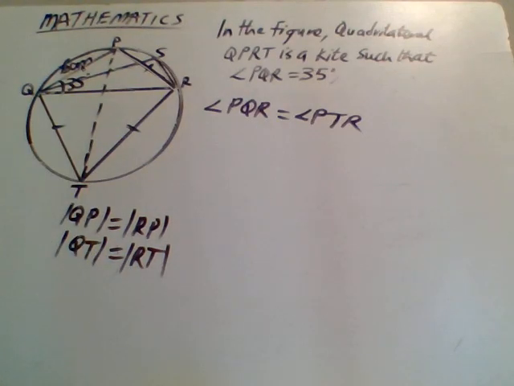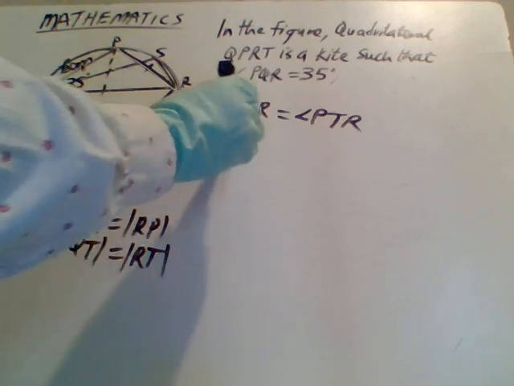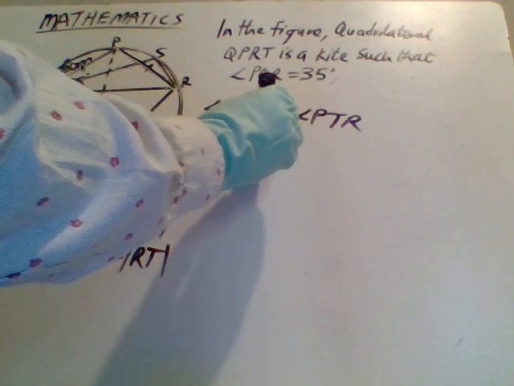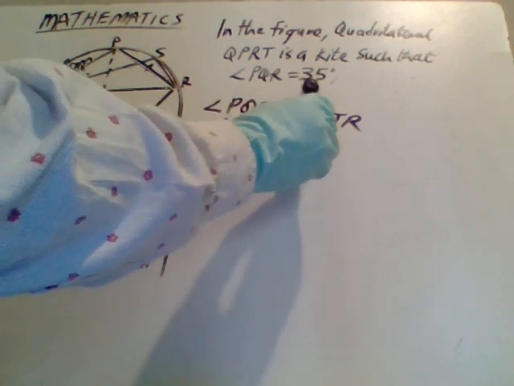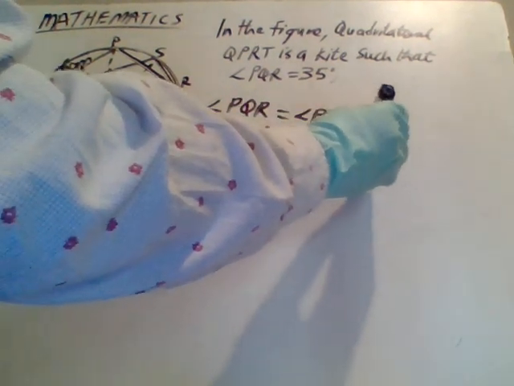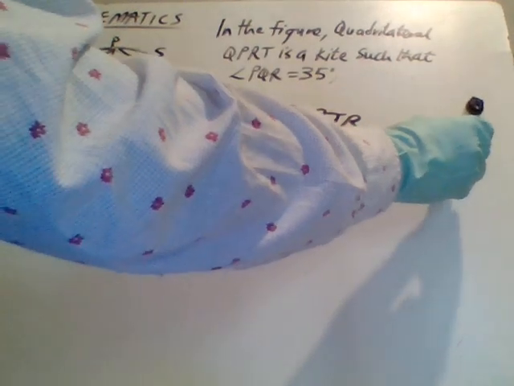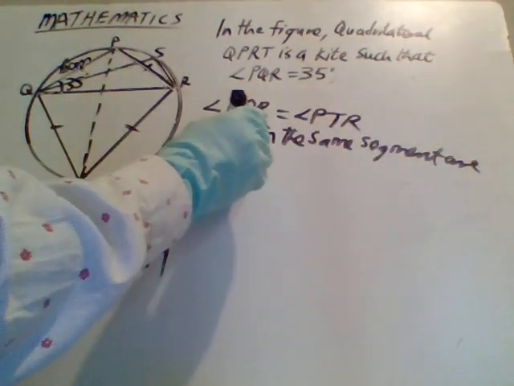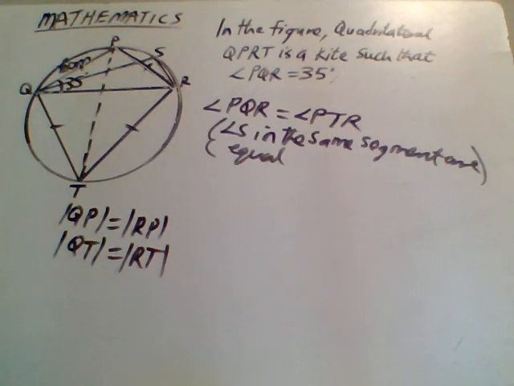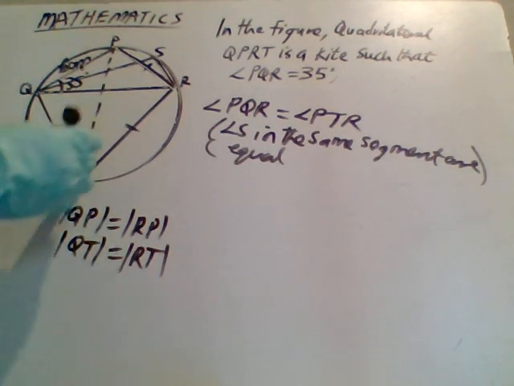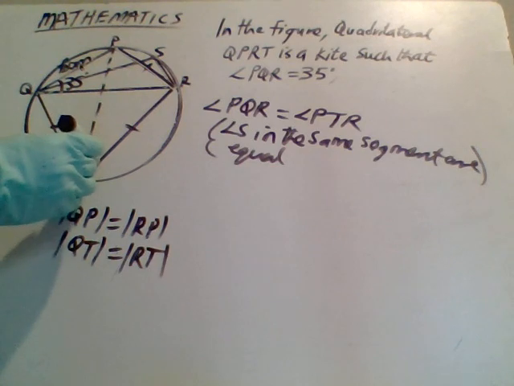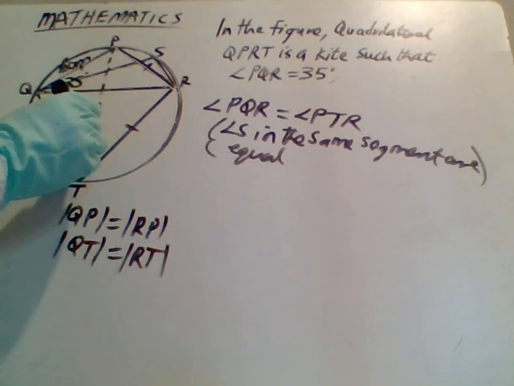The reason is that angles in the same segment are equal by circle theorem. So since they are equal, this angle here is 35.